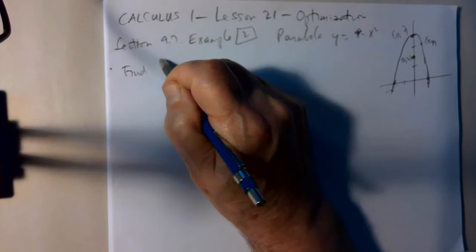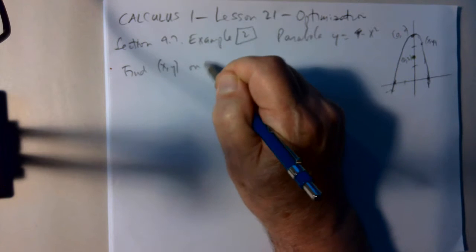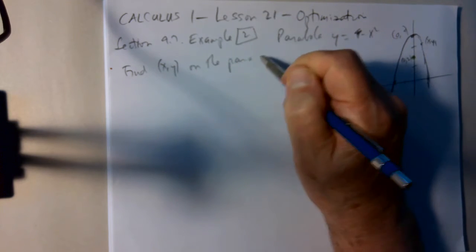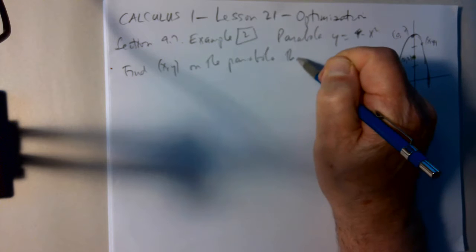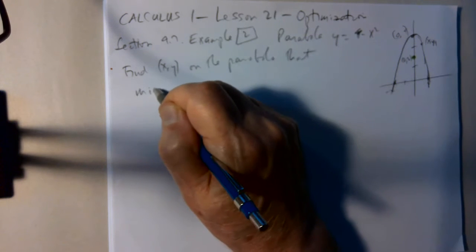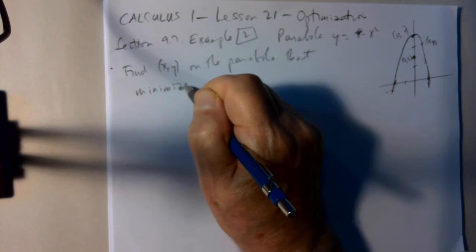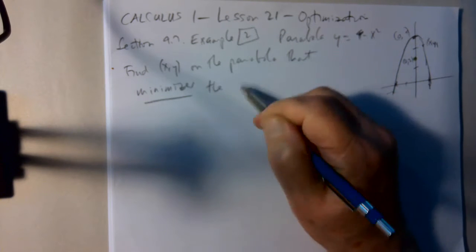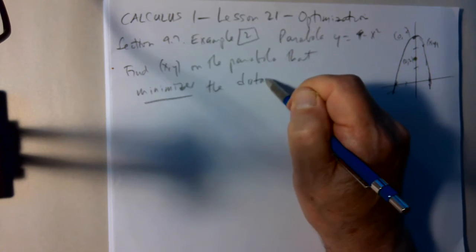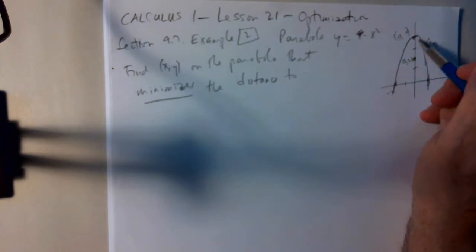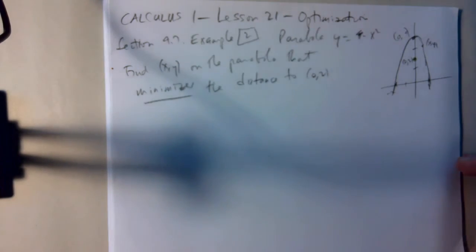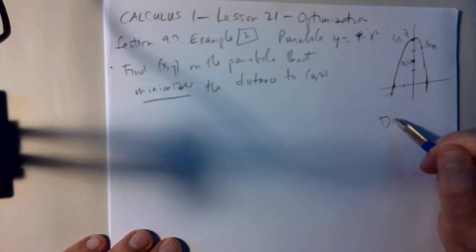So find x, y on the parabola that minimizes the distance to the point 0, 2. So what you have to remember is the distance formula.